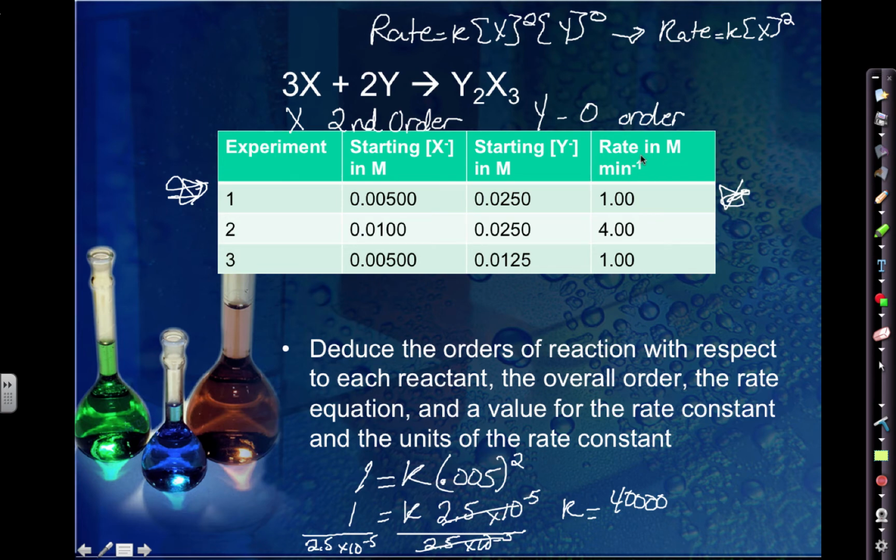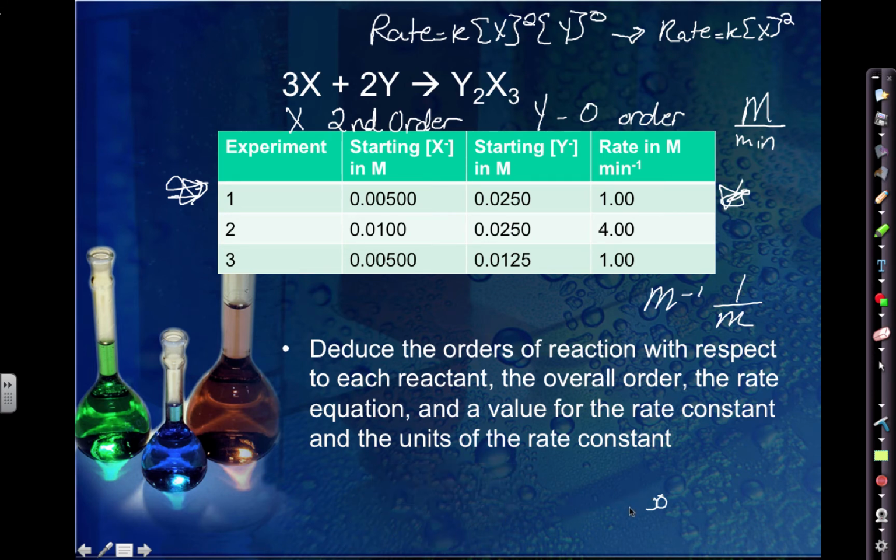So anything taken to the negative first power just means it's on the bottom of a fraction. So really what this is, it's the same thing as this. Anything to the negative first means that it's underneath the fraction bar. So it's moles per minute. So if I had M minus 1, that would mean 1 over M. It's the same thing.